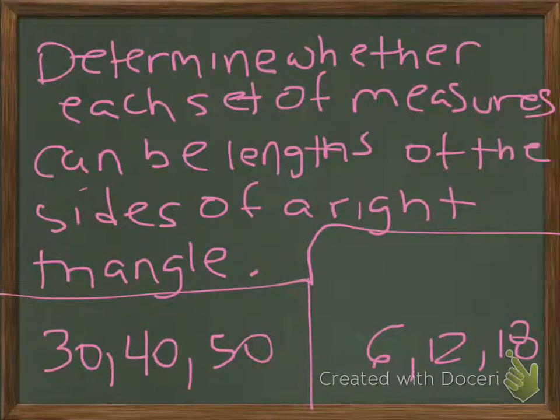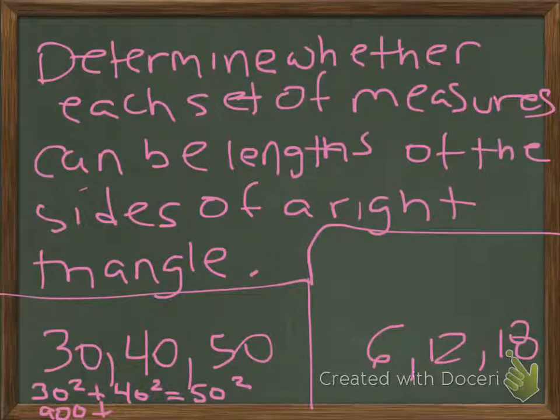The next two we're going to do are to determine whether it's a right triangle or not. We can do that by using the Pythagorean theorem and seeing if it works. If we're given three sides, 30, 40, and 50, we do, just in order, 30 squared plus 40 squared equals 50 squared, and see if that's the same. 30 squared is 900, 40 squared is 1600, and 50 squared is 2500.